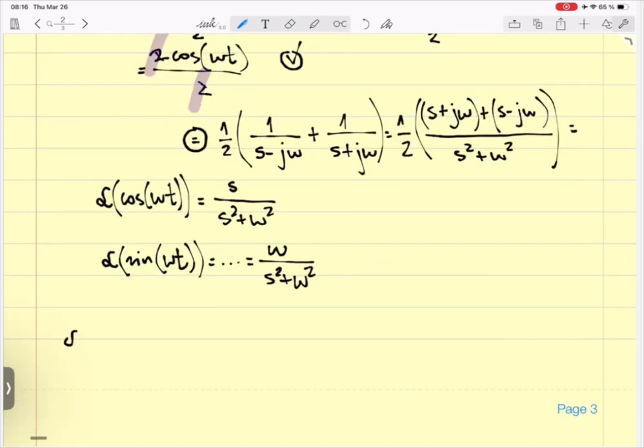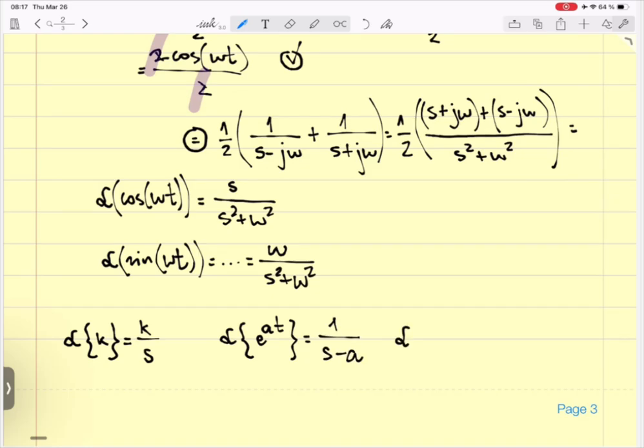The Laplace transform of the constant function is k divided by s. The Laplace transform of the exponential function is 1 divided by s minus a.